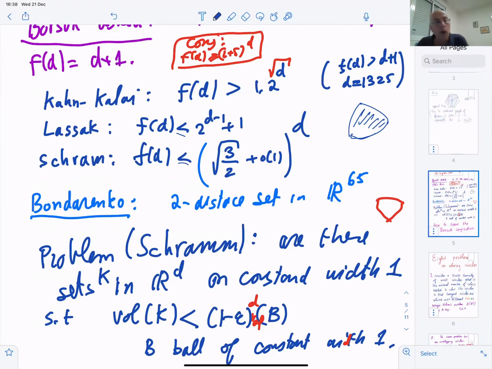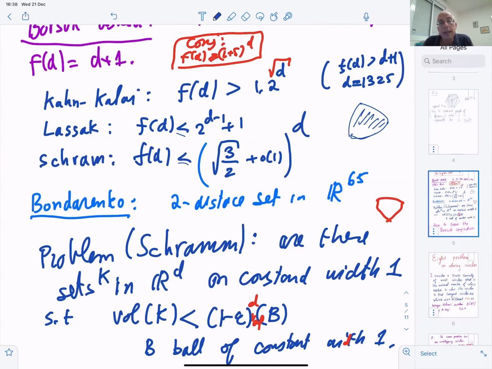Now, as far as the lower bound, Jeff Kahn and I found a proof that f(d) is exponential in the square root of the dimension. So we proved that f(d) is bigger than 1.2 to the power square root of d.